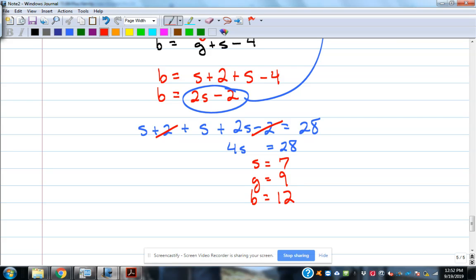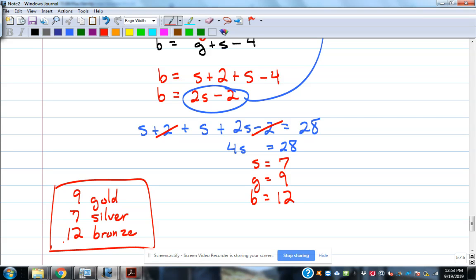Does 12, 9, and 7 add up to be 28? Yes, so that must be right. So 9 gold, 7 silver, 12 bronze. Setting up these equations is key, and then using some logical sense to get there.